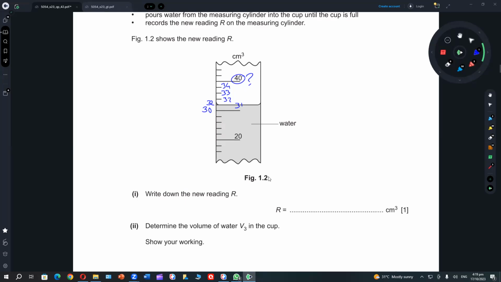Actually, this shows the division size varies. Taking 2 divisions means one division is for 2. Just count: if I take it 32, step up and reach 40. If you take it by 2, this will be 34, 36, 38. So in the paper, whenever you are confused whether it is 1 or 2, use this method.